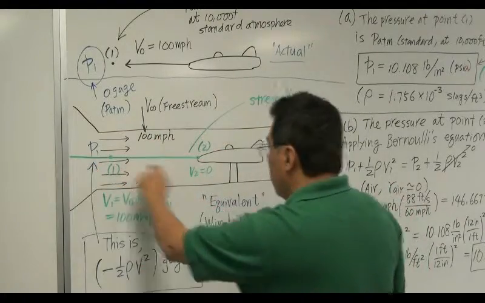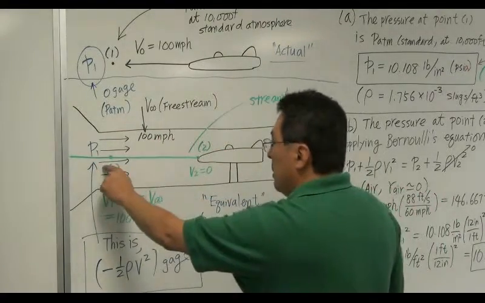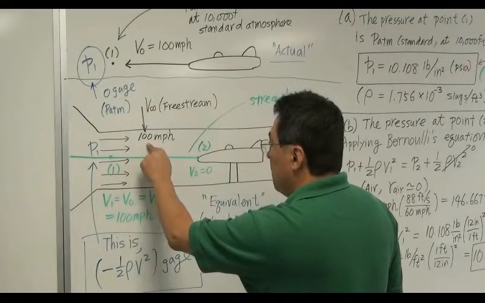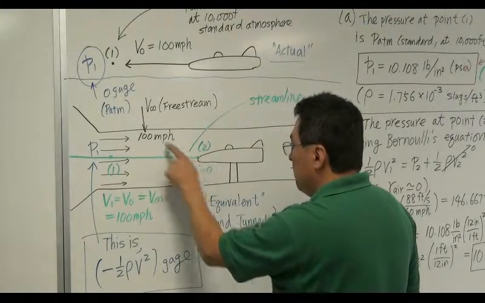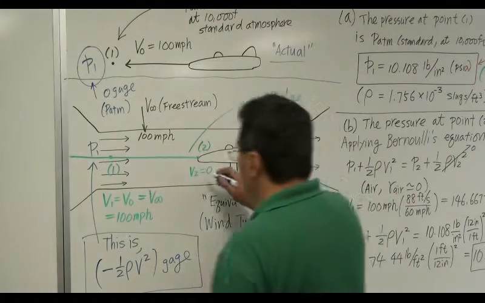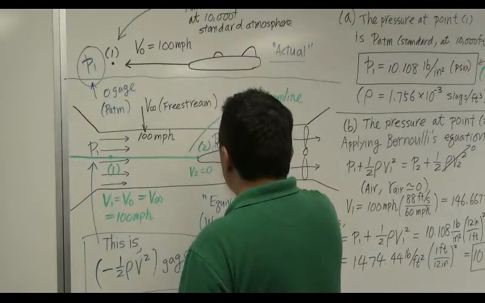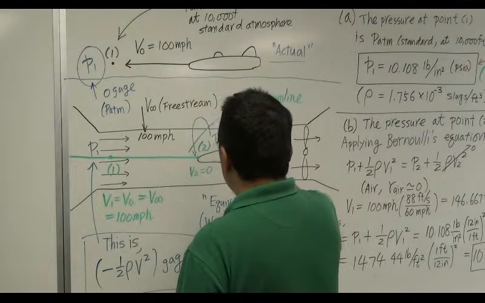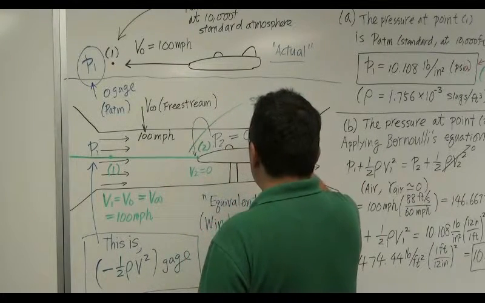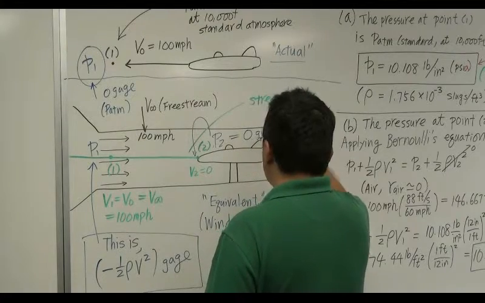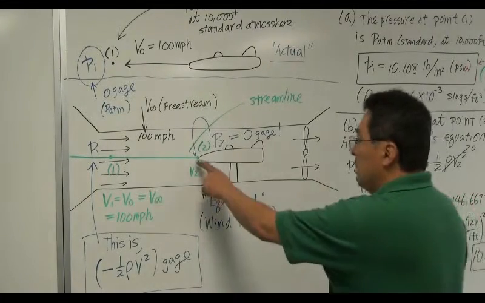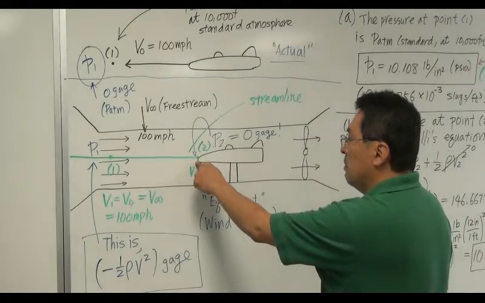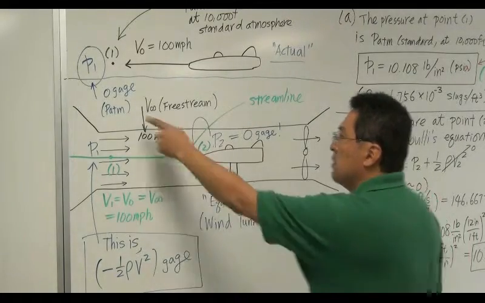Then if you take a look at this streamline, the velocity is 100 miles per hour. This velocity becomes 0. If the velocity becomes 0 right here, what is P2? P2 now becomes 0 gauge. So at the stagnation point of the wind tunnel, pressure is local atmospheric.